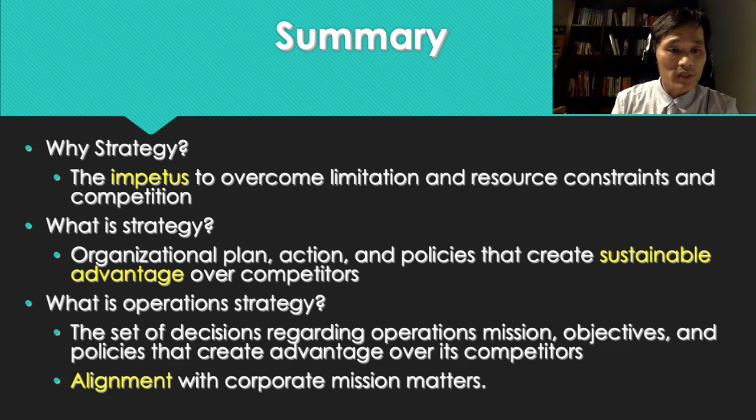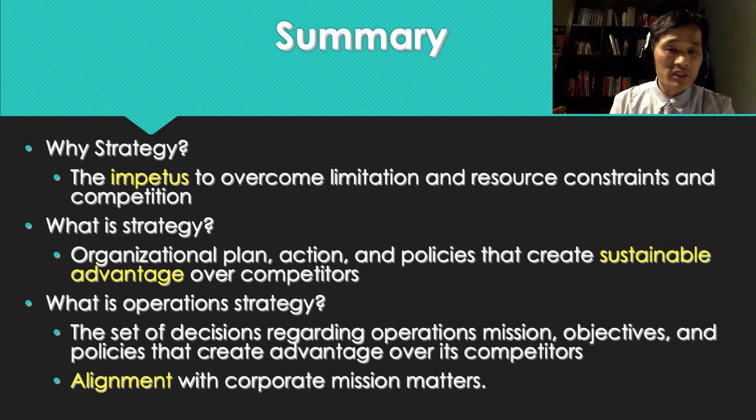Lastly, we talked about operations strategy and productivity. Operations strategy needs to be aligned with corporate strategy, follow that direction, and create creative tactics that can support corporate strategy. Therefore, alignment is such an important issue in operations strategy.